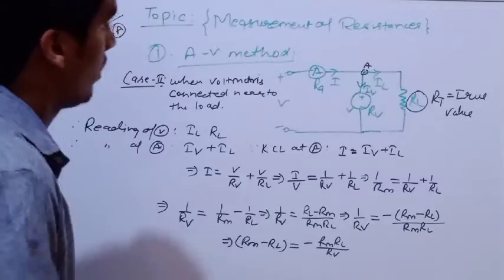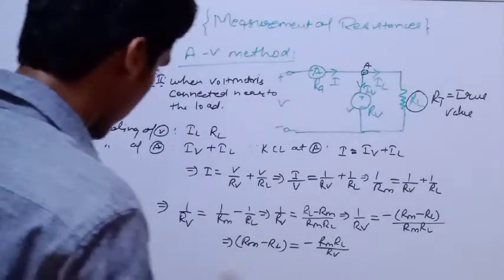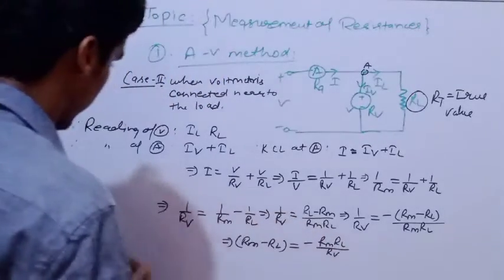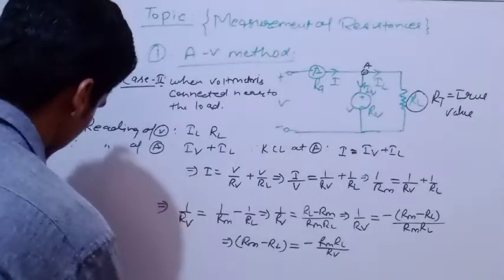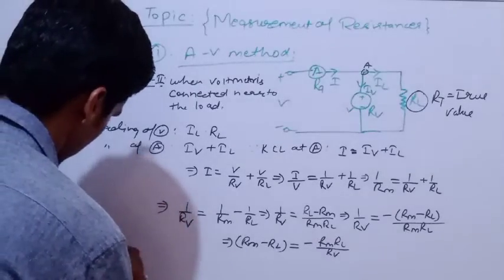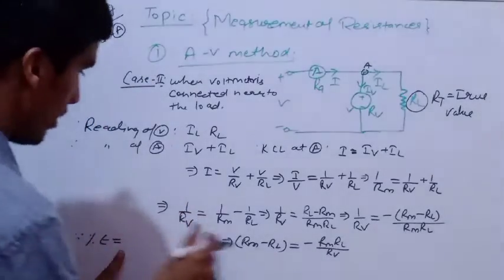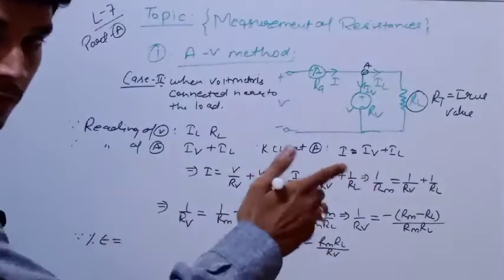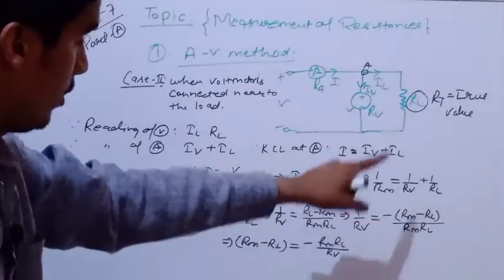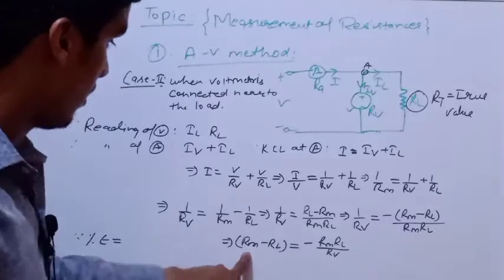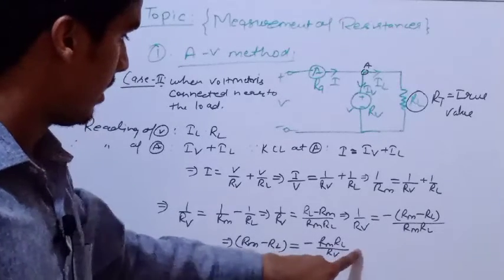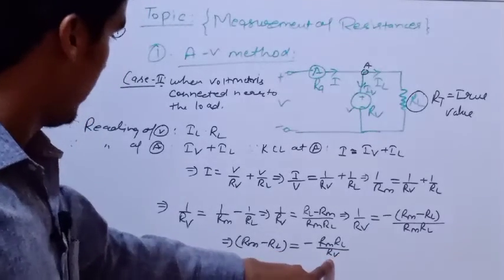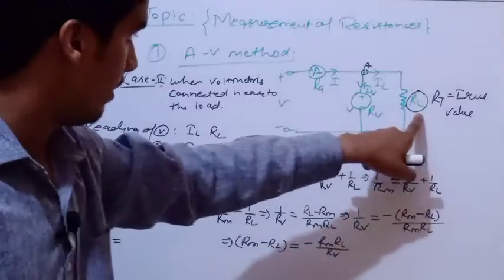Now you can find out the percentage error also. Percentage error will be equivalent to measured value minus true value divided by the true value. So the measured value is RM minus RM RL upon RV, and the true value is RL.